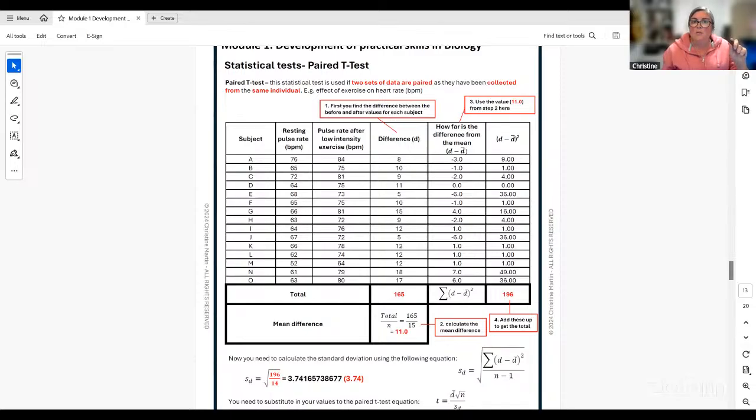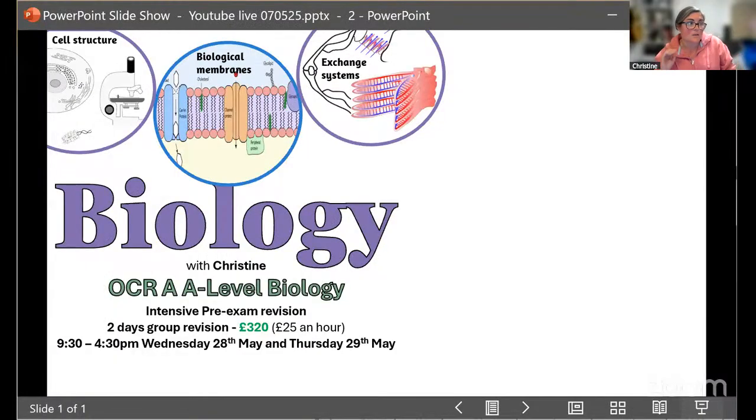Right, Chidima, you have asked for the cardiac cycle. So I'm going to jump back over here and do a little bit on the cardiac cycle. I do have a feeling that there's going to be something linking the cardiac cycle with an ECG.